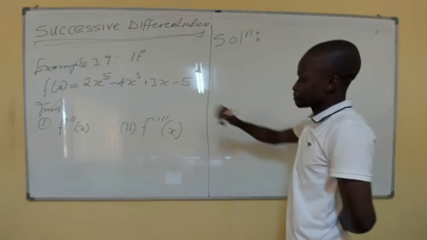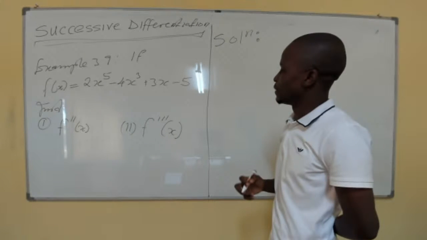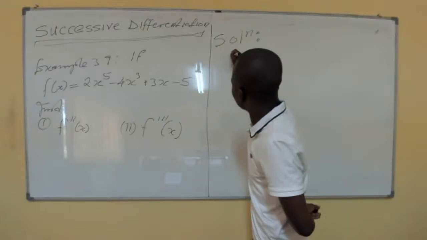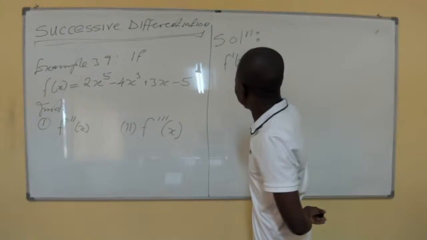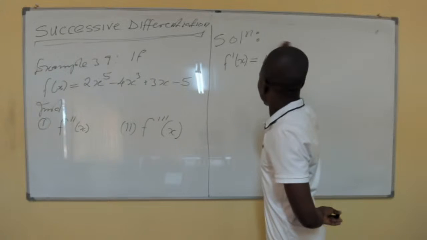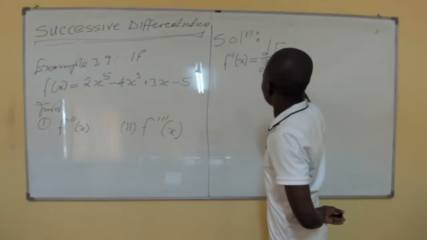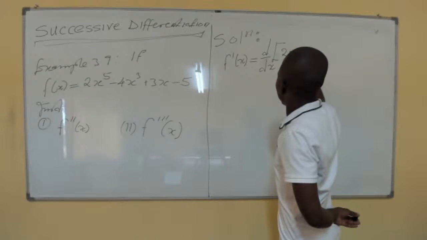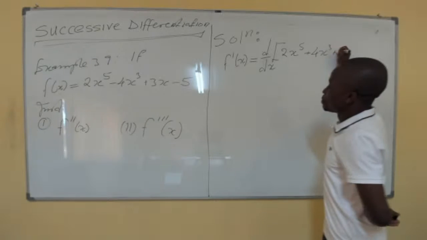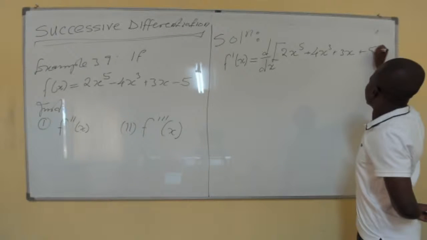So now, looking at our function, the first derivative of this function, f prime of x, is equal to the derivative with respect to x of the function 2x to the power 5 minus 4x cubed plus 3x minus 5.